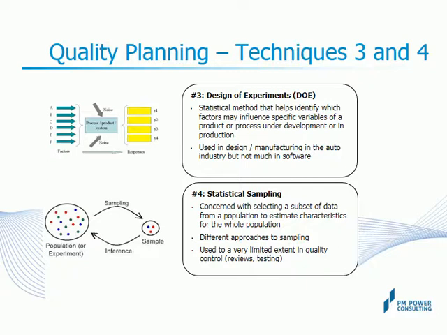Statistical sampling methods enable you to choose appropriate sample data using different sampling approaches such as random sampling, stratified sampling, systematic sampling, and so on, and use measurements obtained from the sample to draw inferences on the entire population. In software development, statistical sampling also is used to a very limited extent.